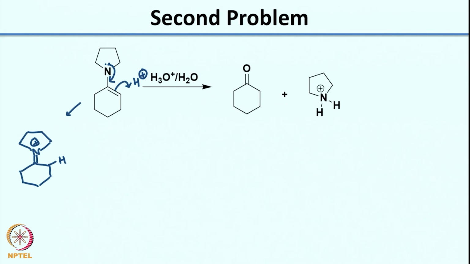Now let us look at the electrophilic centers or the sinks in this molecule. So water can react at this carbon center here, and what you would end up generating would be this.